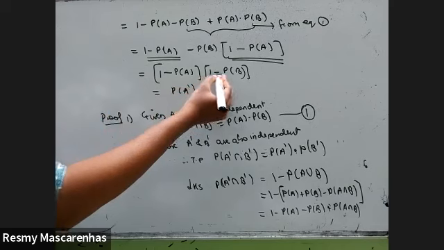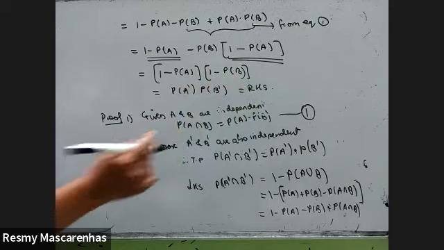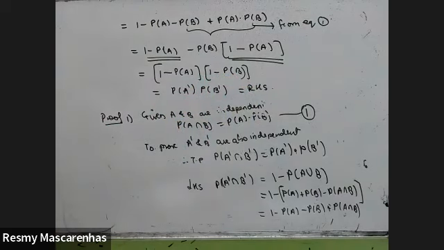It is P of A dash. 1 minus P of B is always P of B dash. This is equal to the right hand side. Next one.